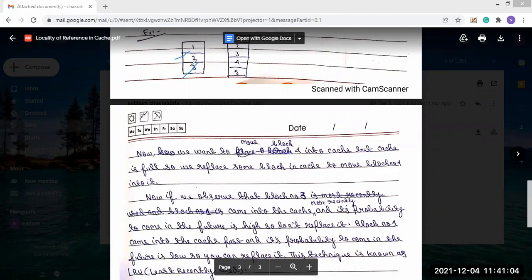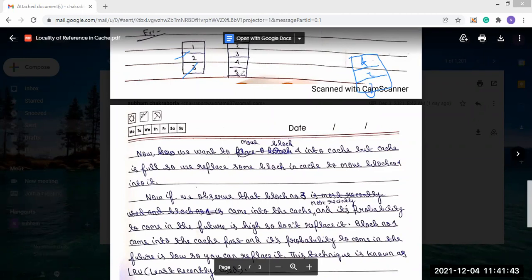Among them, the first block came very far in the past, so its probability to come in the near future is very low. So we will replace block number 1 with the fourth block. Here the fourth block is moved into the position of the first block. Then 2, 3. Now let's say the fifth block is required.